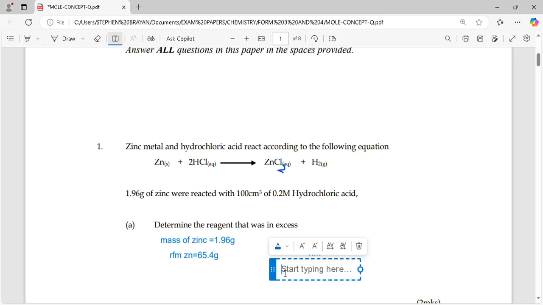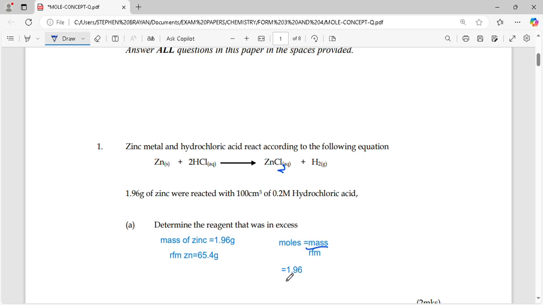So our moles will be equal to the mass, which is 1.96, over 65.4, which is the RFM.